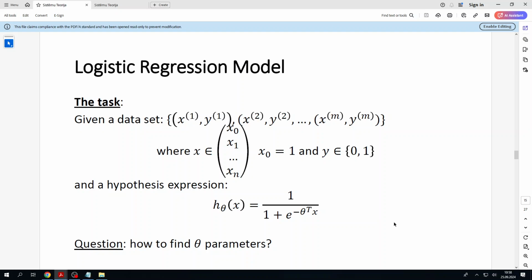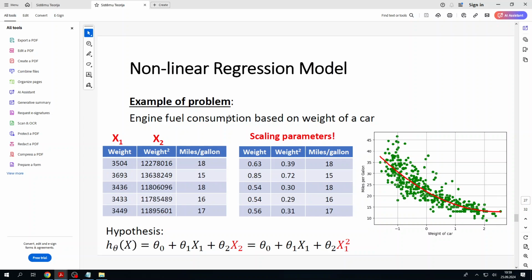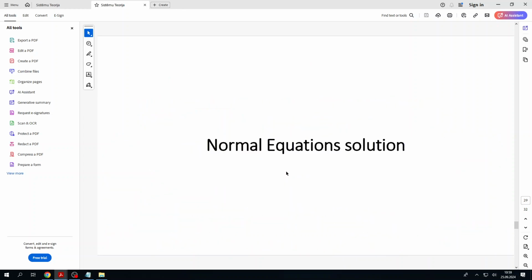We need another kind of a cost function for this. And because we are going to change the cost function, we are going to need a derivative of this cost function for theta 0, derivative for theta 1, and so on. But then, otherwise, the method is exactly the same. You are still going to use the gradient descent method, which we discussed in previous lectures, yes.